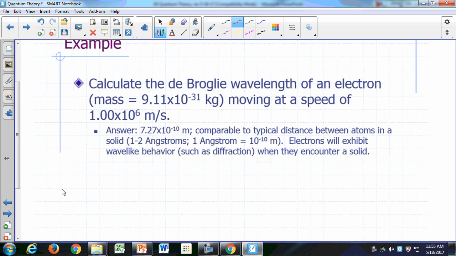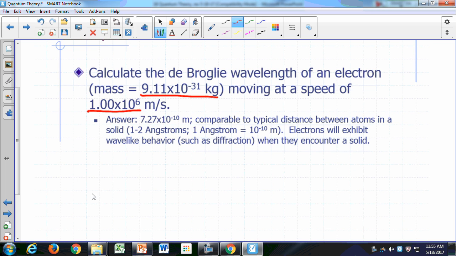Let's say you have an electron, which has a mass of 9.11 times 10 to the negative 31 kilograms, moving at a speed of 10 to the 6 meters per second. Really fast speed. So let's calculate our de Broglie wavelength here.